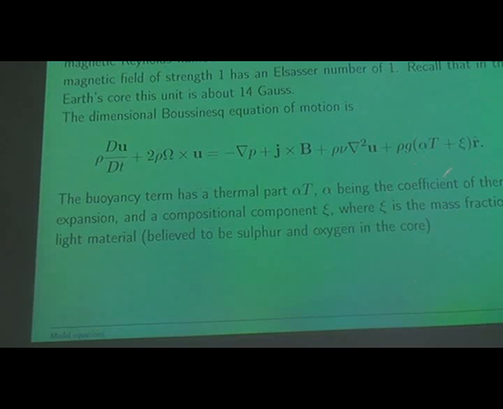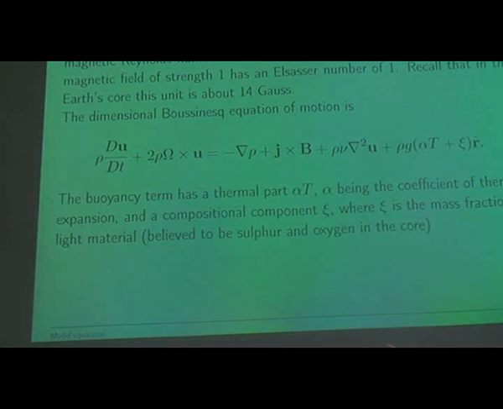And following the discussion yesterday, we have two buoyancy forces here. The temperature can drive it through the coefficient of expansion, so that alpha T can give you buoyancy, and the buoyancy force multiplied by rho g. And also light material can exist, so that's the compositional component of the buoyancy, and psi represents the mass fraction of light material.